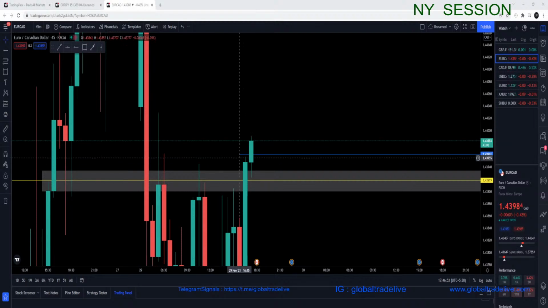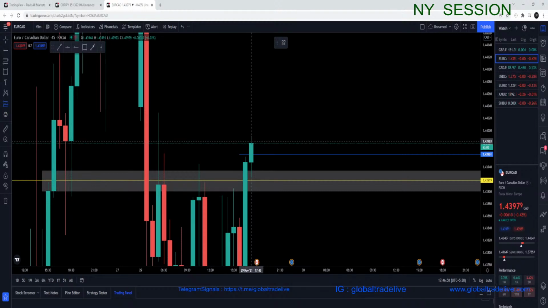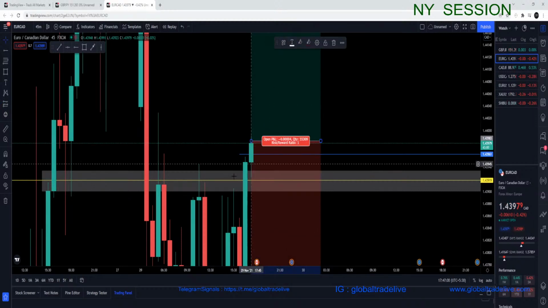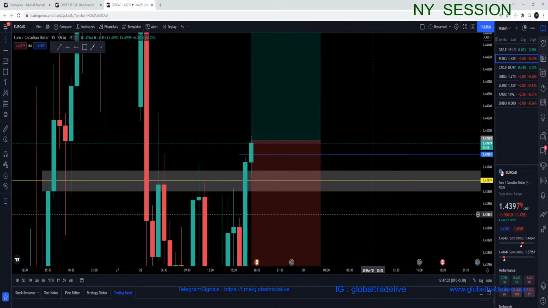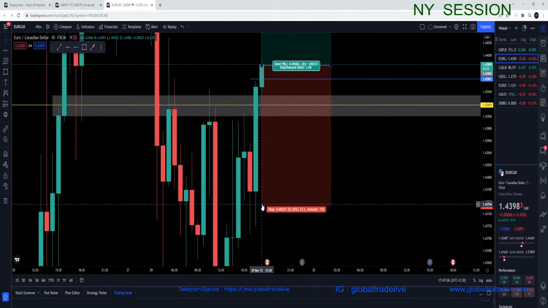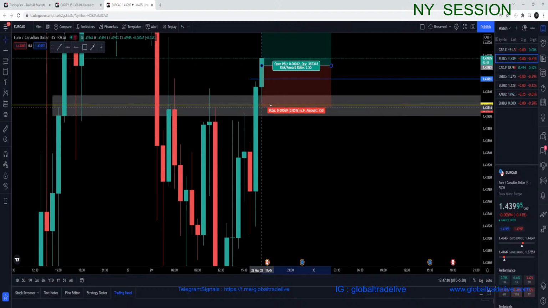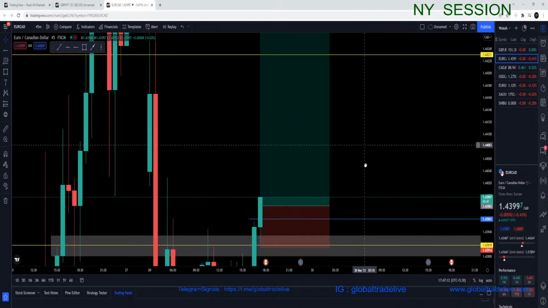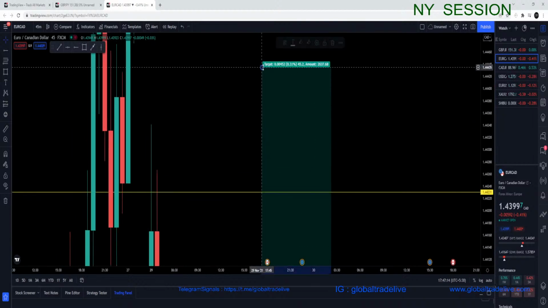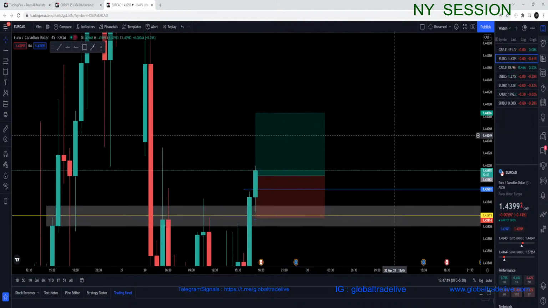Guys, I have taken a buy trade in EuroCAD over here, and this candle just flipped up. Keeping stops at 7 pips, running in 1.2 pips of profit right now. Target will be 10 pips.